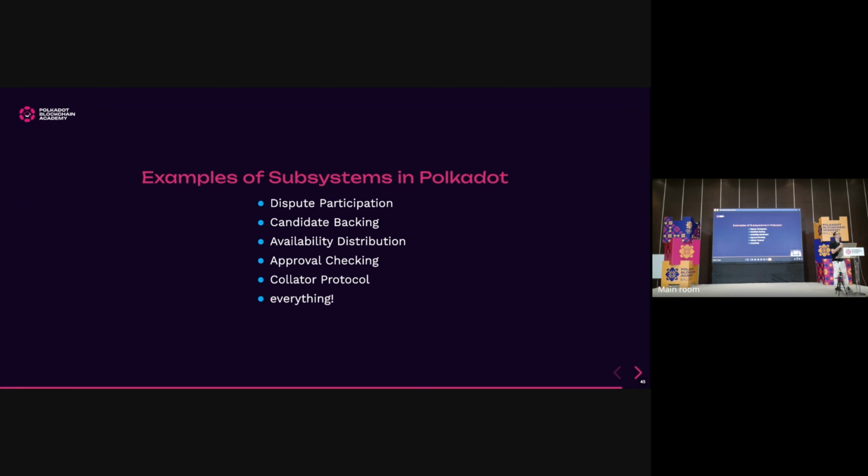I don't think as of now we pay any active rewards for the dispute participation. But ideally, we would be collecting your dispute statements and paying you for them, just like for any other duty of a validator. But maybe we do and I just forgot.